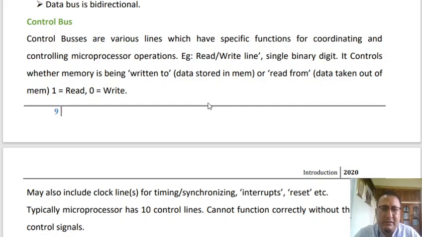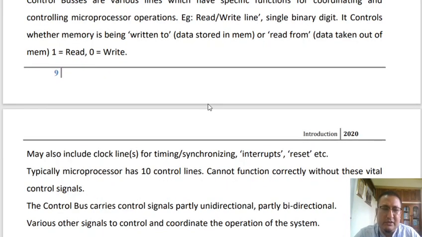So this is how the control bus works. Control buses carry controlling and coordination signals from the microprocessor to the memory devices. Some of the control buses are unidirectional in nature, and some are bidirectional. It's basically used for coordination activity.